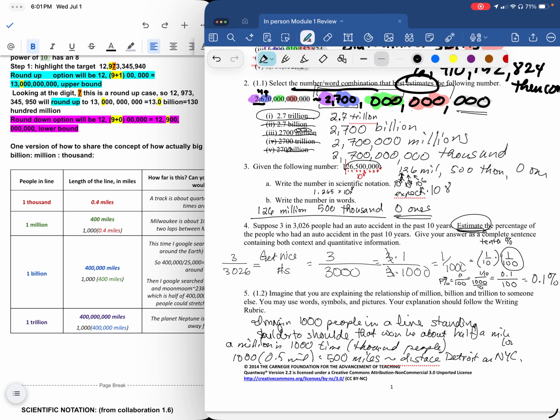And then we've got a billion, which is 1,000 thousandths, is 1,000 millions.